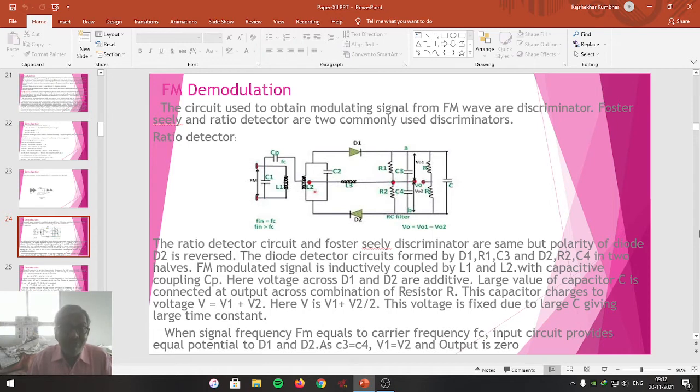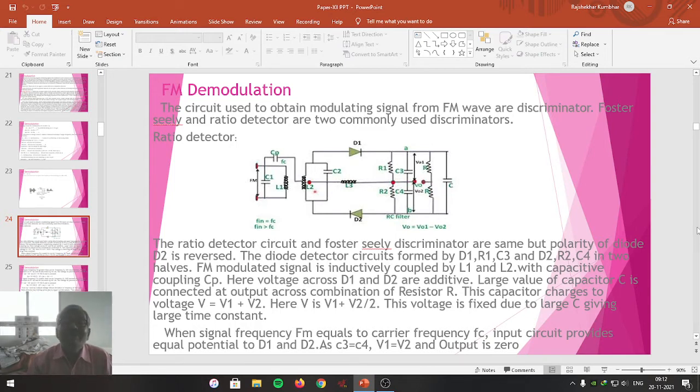Today we are going to consider one more type of demodulation, and that is FM demodulation. It is a demodulation that is used only for FM stations, where the signal is frequency modulated.